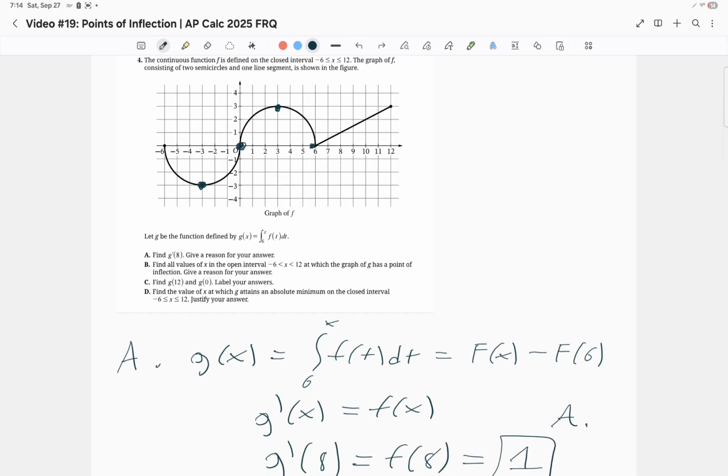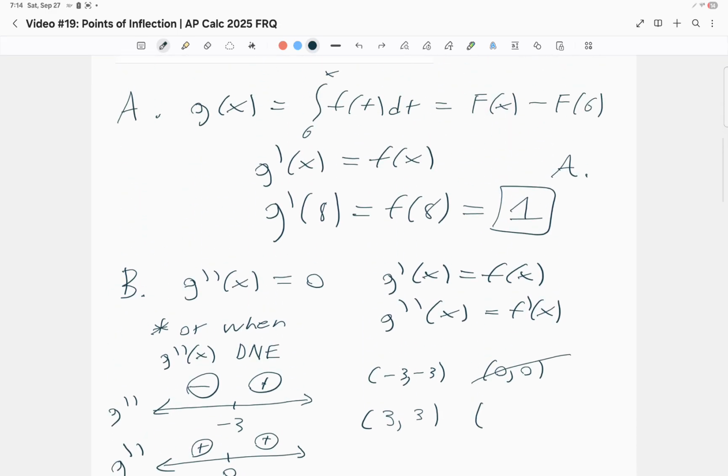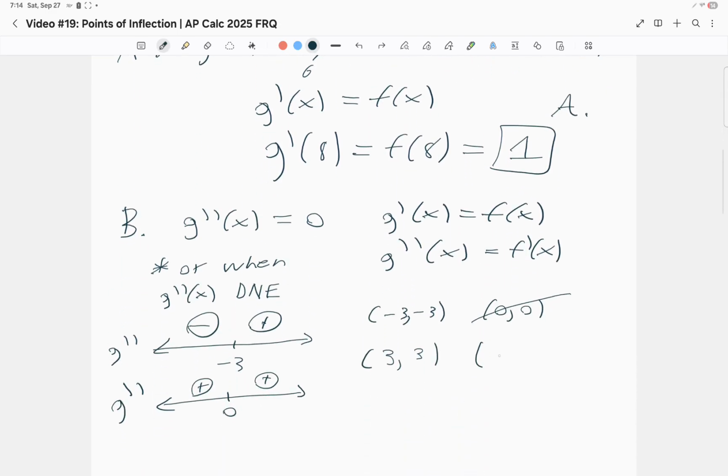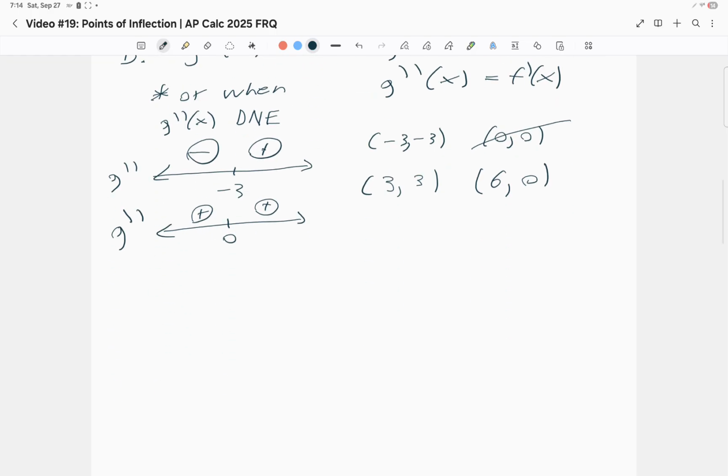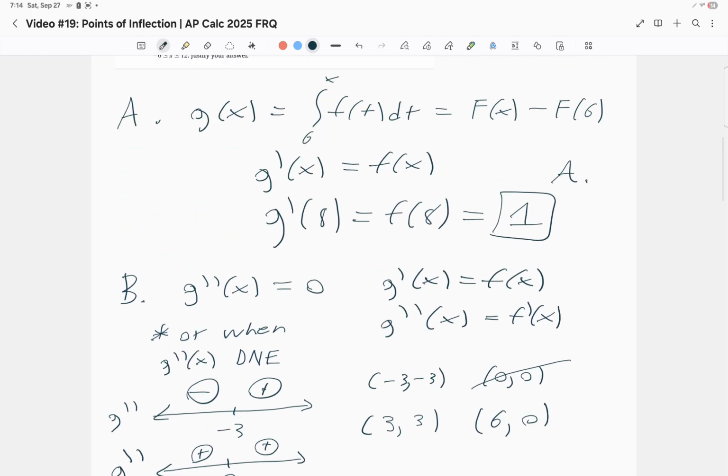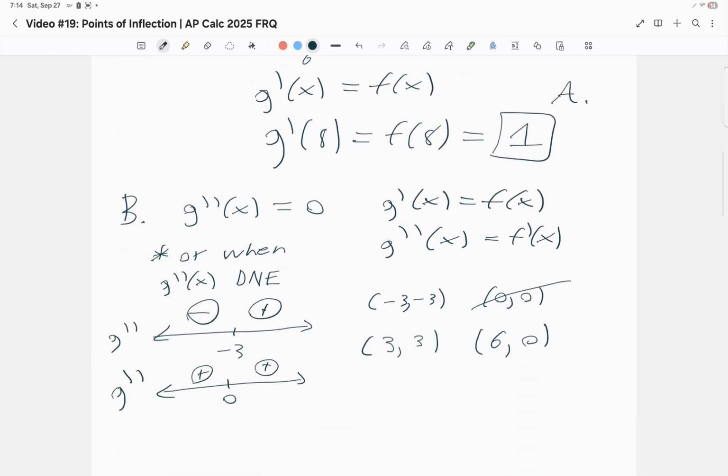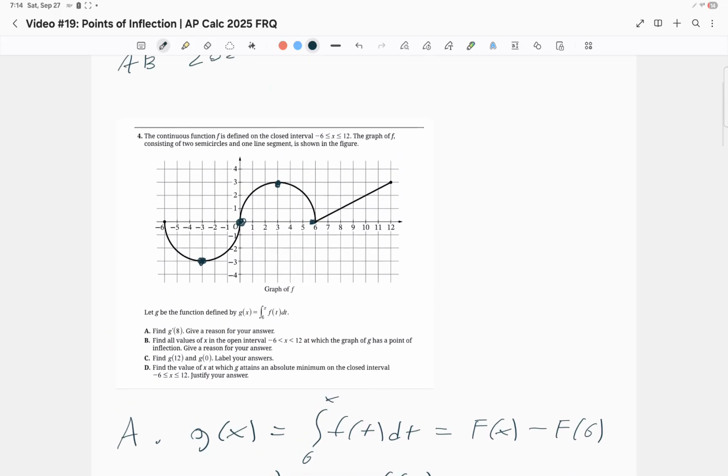You don't even need to draw tangent lines because it's just a linear function. So 6, 0 is also a point of inflection because the sign of the second derivative changes before and after x equals 6. So these 3 will be our points of inflection for part B.